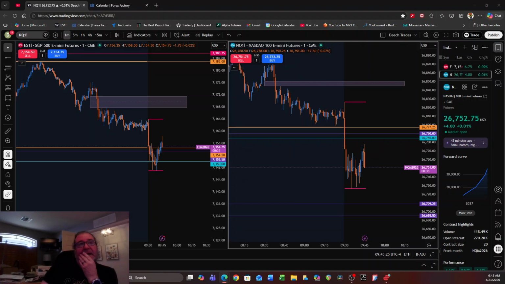Order filled. I can't handle the movement there. It's just dropping too low. It did not get that value gap, so I took a loss on that one. Not the smartest of moves there.